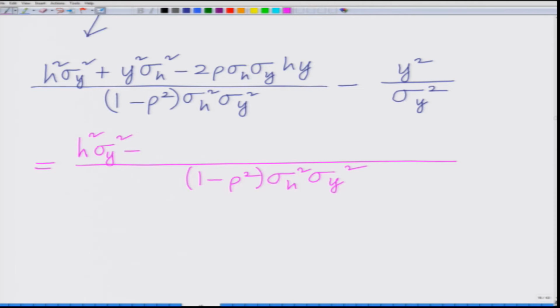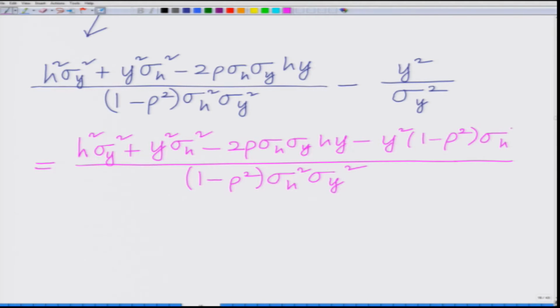The numerator is h square sigma y square plus y square sigma h square minus 2 rho sigma h sigma y h y, minus y square times (1 minus rho square) sigma h square. That is the term I will get over here.